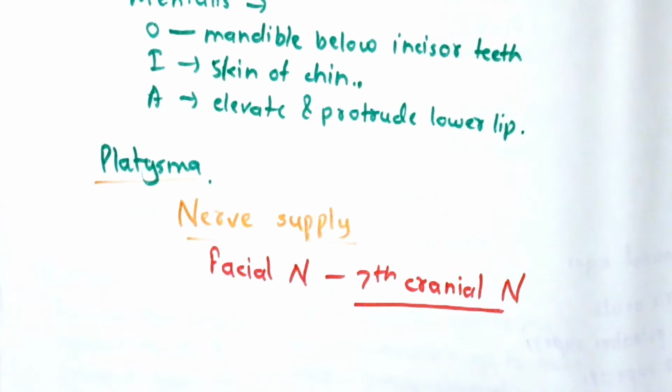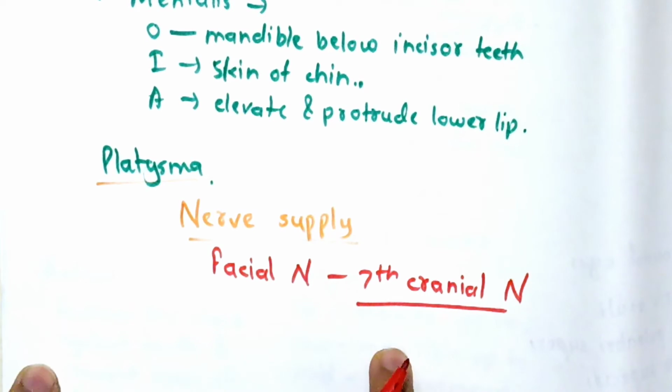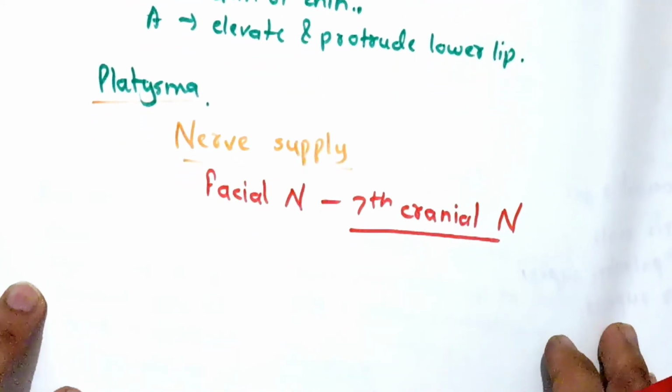So that's why it is named facial, because it supplies the muscles of face. So it has 5 terminal branches. Each of these supplies some group of muscles. Now let's see which branch is supplying which muscle.